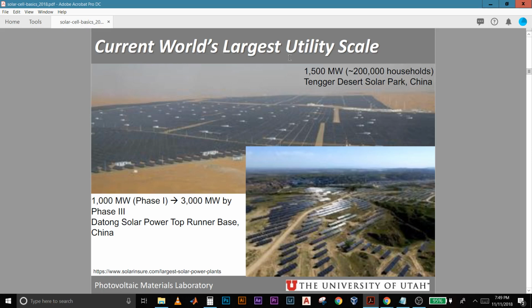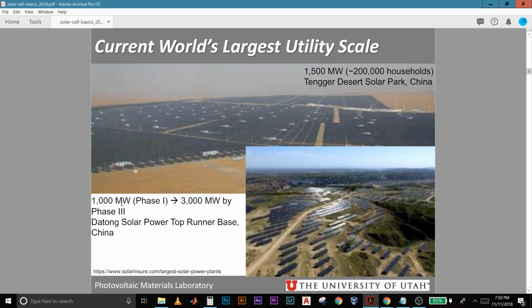The current world's largest utility-scale solar power generators, photovoltaic generators: there's one at the Tengger Desert Solar Park in China, which can produce up to 1500 megawatts of electrical current, which is enough to power about 200,000 households.